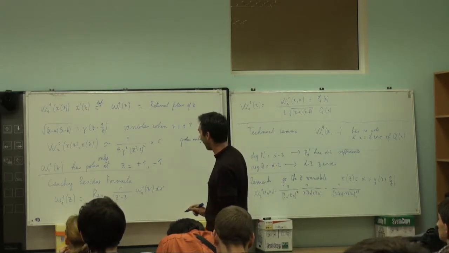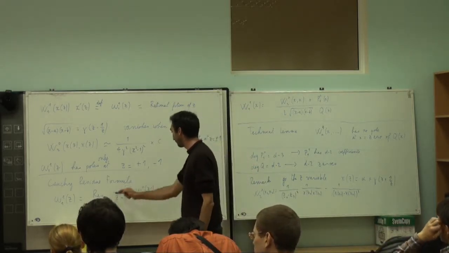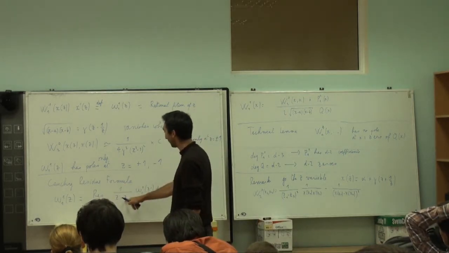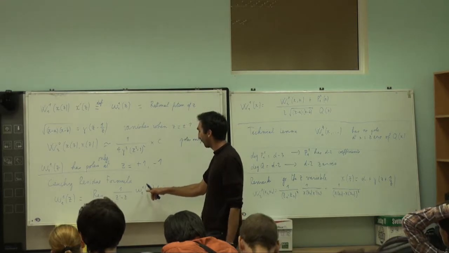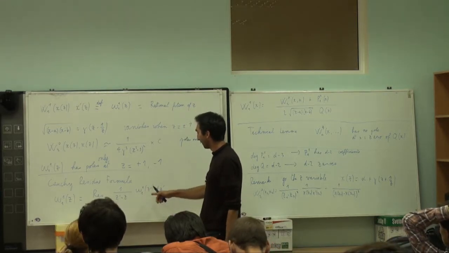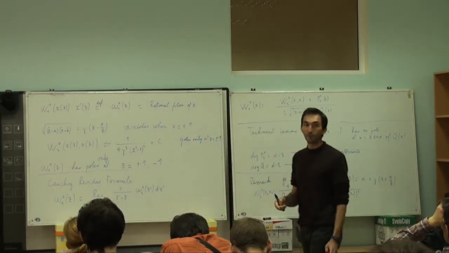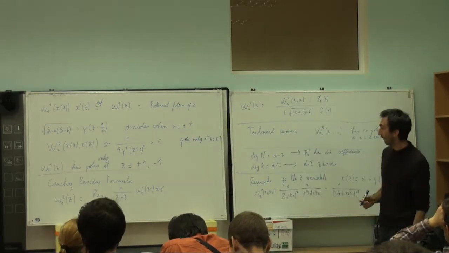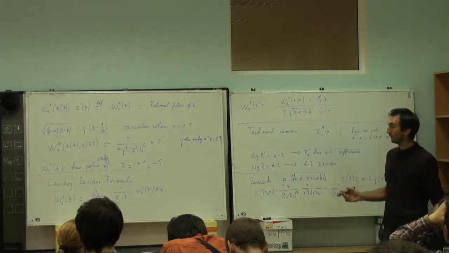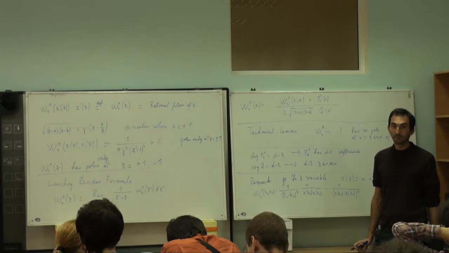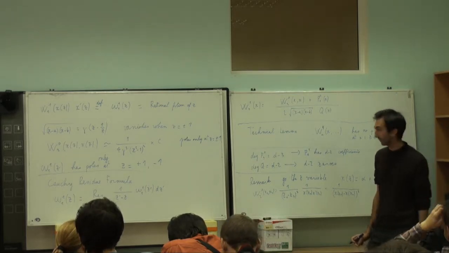But now we know that this is a rational function which has poles. So this product has poles at z prime equals z, and it also has poles at z prime equals plus or minus 1, and no other pole. And we know that for every rational function, the sum of residues of all poles must vanish. This is true in general for every rational function.